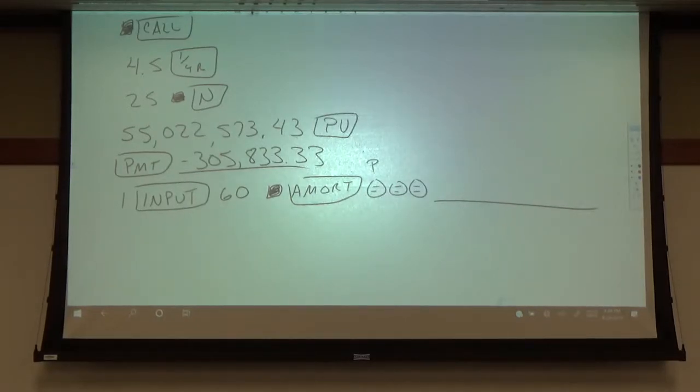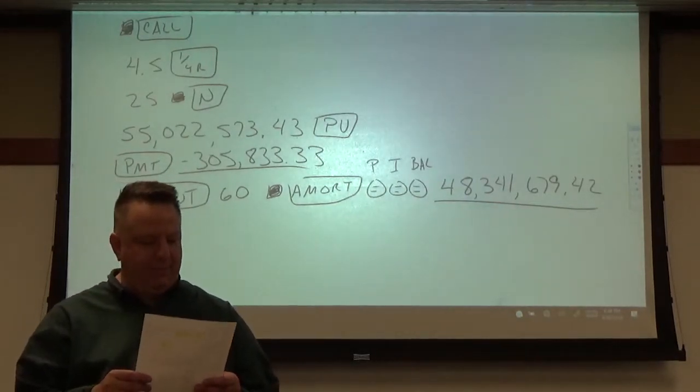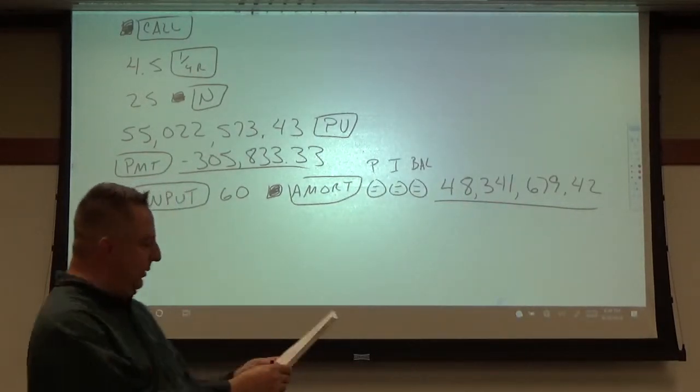When you hit the equal again, it's going to give you the total interest paid over that time period. And when you hit the equal the third time, it's giving us what we're actually looking for, which is the balance of the loan. And so in this case, it gives you $48,679.42, okay, which should match up with the handout as the loan balance at end of year 5.